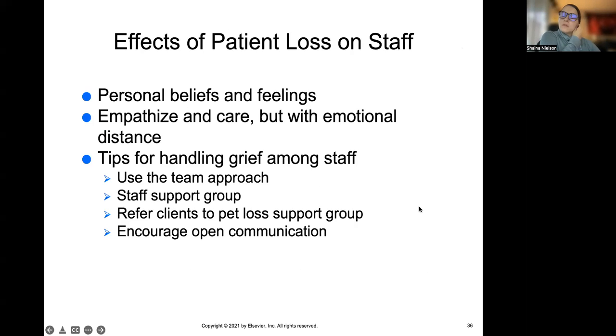Now, we talk a lot about the effects on the clients and the patients with their bonds, but again, there are also effects on the staff. Personal beliefs and feelings come into play. You will empathize and care, but with an emotional distance for people and their pets. Again, it's not happening to you firsthand, but you're still going to feel that loss and that grief.